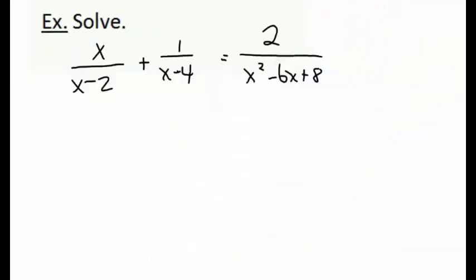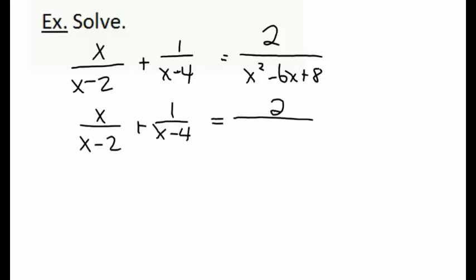Let's go ahead and solve one more equation. Remember that first we want to get at our restrictions. So what we have to do is factor the denominator of the fraction over here on the right. So think of two values that we can multiply together that will give us 8 and two values that we'll add to give us -6.